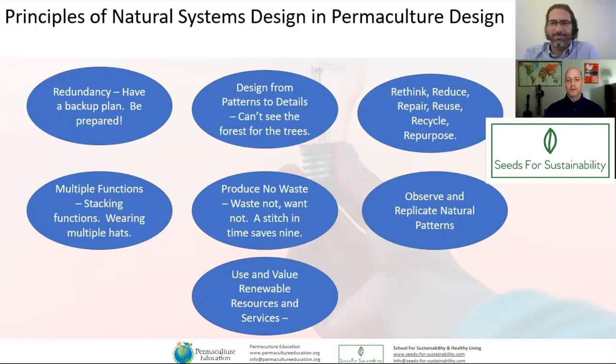Biomimicry inspired, anything that comes from natural. And in the case of natural building, passive solar house design would be an example of looking at natural patterns and using those energies just as nature does.